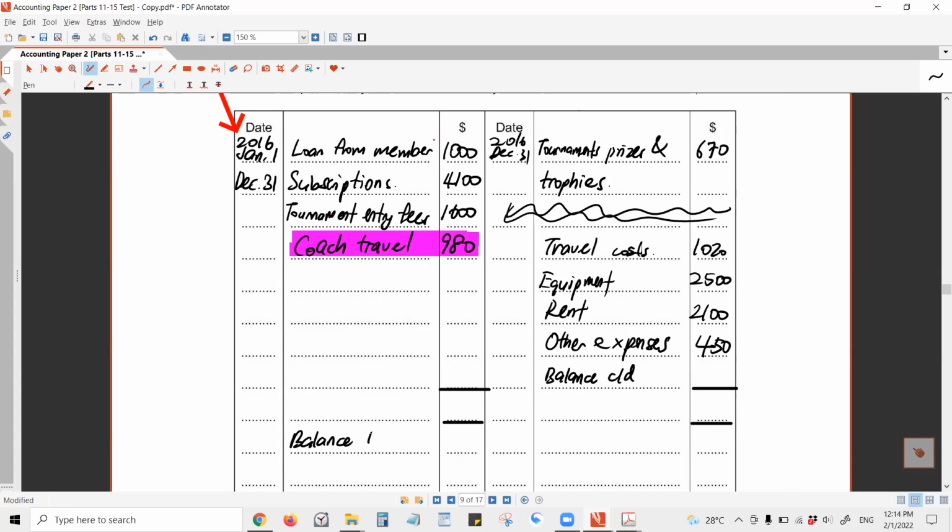I wait for you to try to tell me the amount. 2017, January 1st. Once you have calculated, tell me what you get. Find the balance amount.